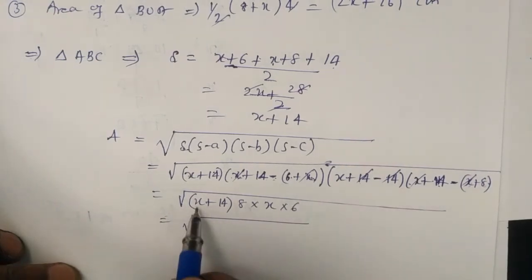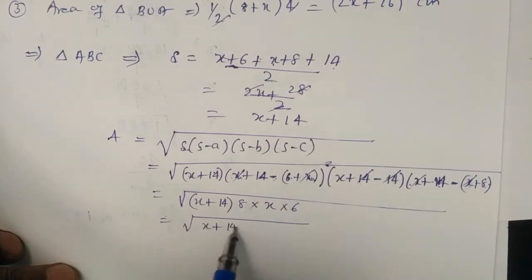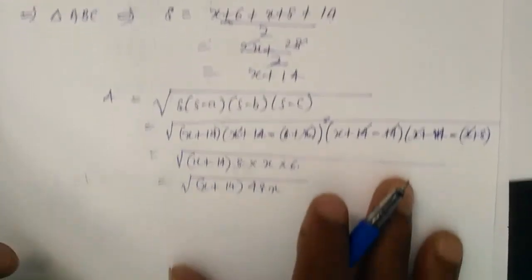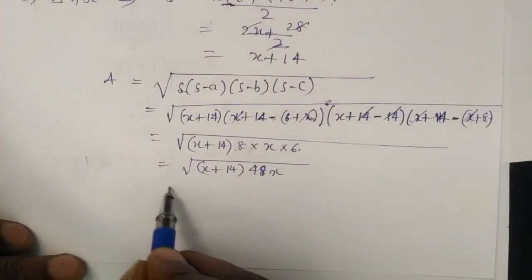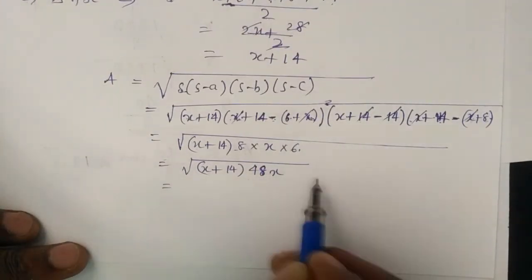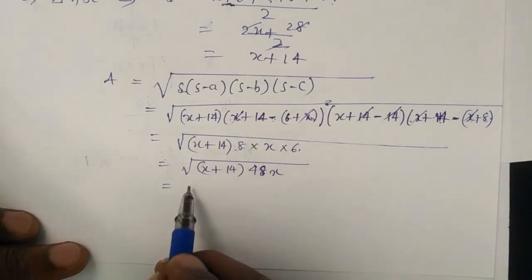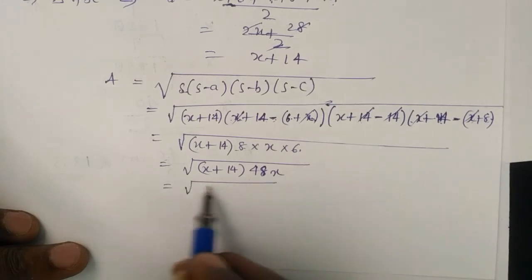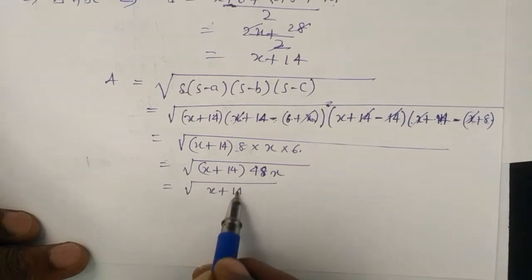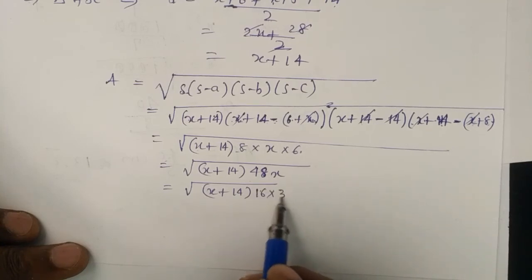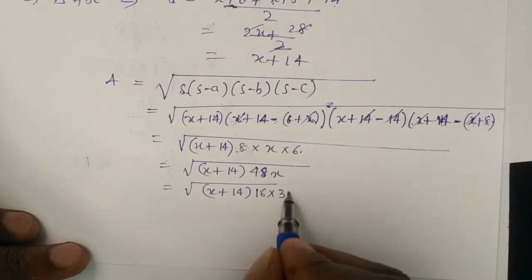So finally we get root of x plus 14 into 48x. This is the area of this triangle. Still we want to simplify. We keep x plus 14, and this 48 we can make as 16 into 3, so 16 threes are 48, into x.